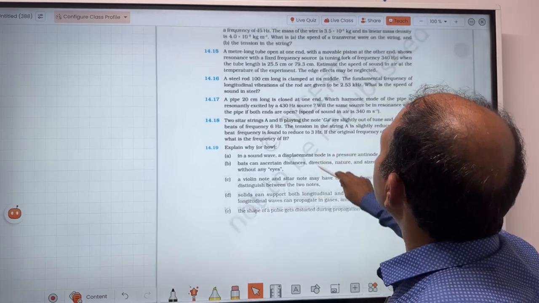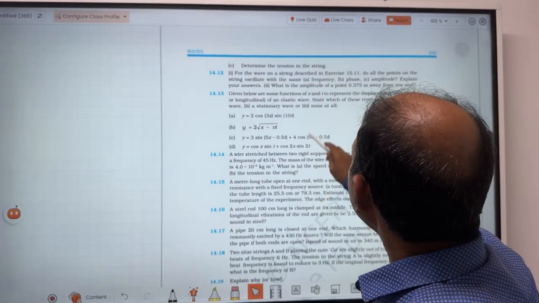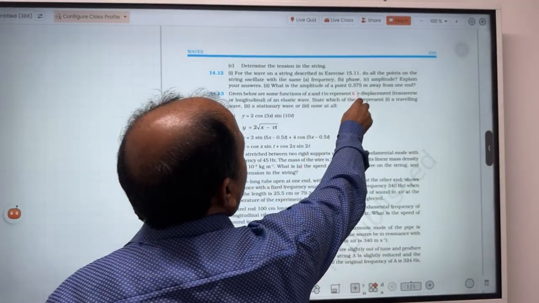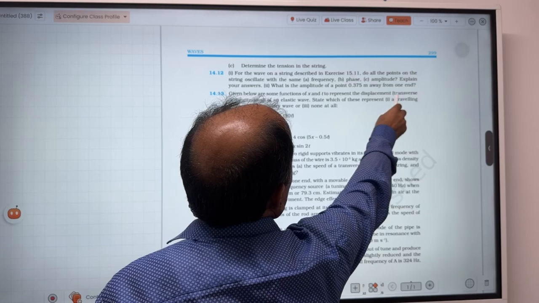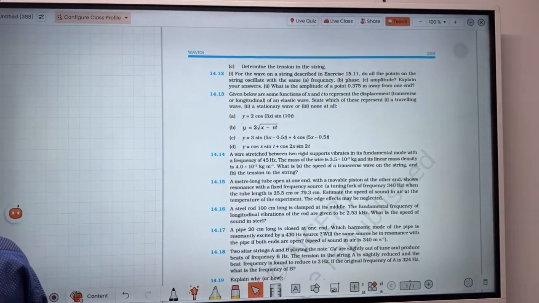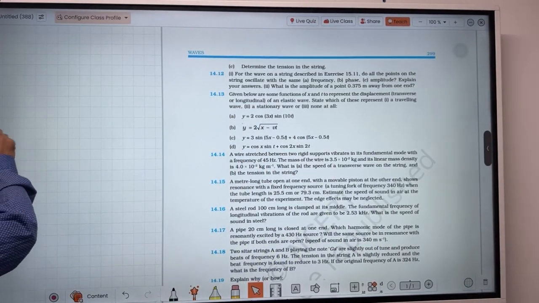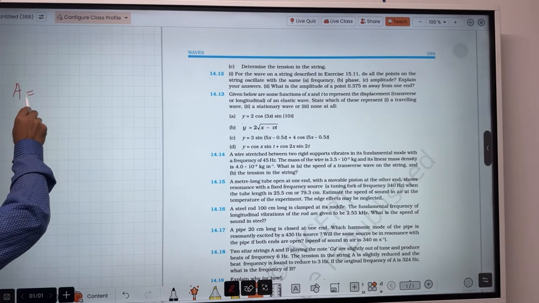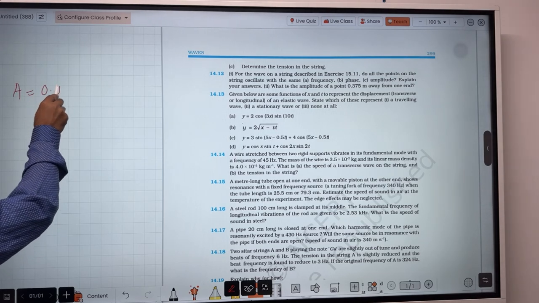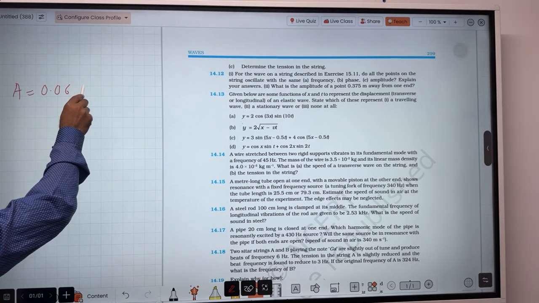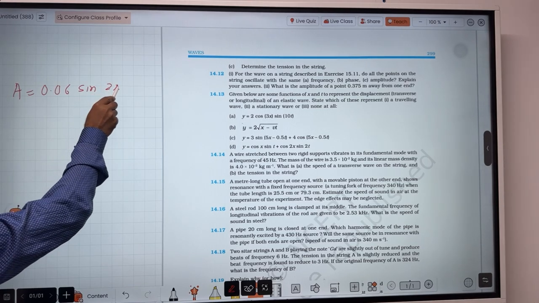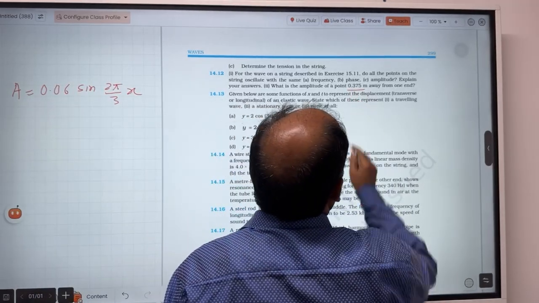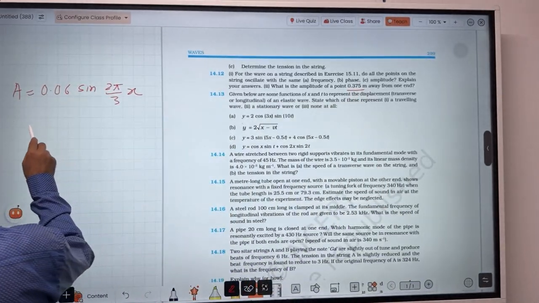So in this question, what do we see here? What is the amplitude of a point when x is given as 0.375 meter away from the end? So we can put the value. Let's write amplitude A, and in the question it is given 0.06 sine of 2 pi by 3 times x, and in our question x is given as 0.375.